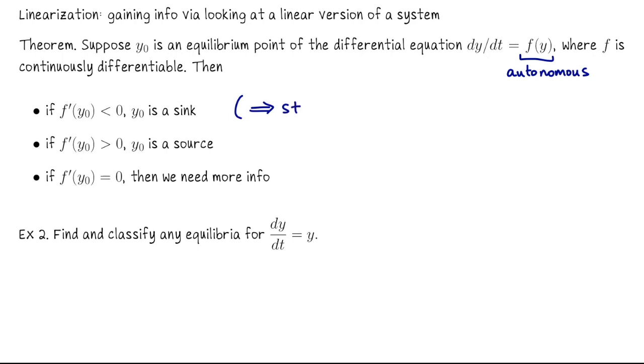In other words, we have stability. If the derivative at our equilibrium solution is positive, then it's a source, and we have an unstable equilibrium. And as is often the case when you have tests with derivatives, there's an inconclusive possibility. So if f prime at y naught is 0, then the test has failed, and we just need a little bit more information.